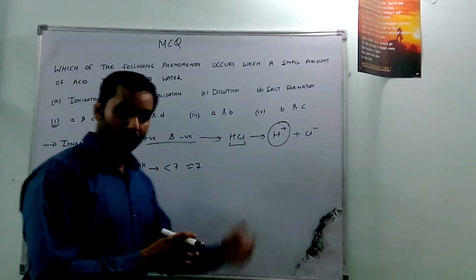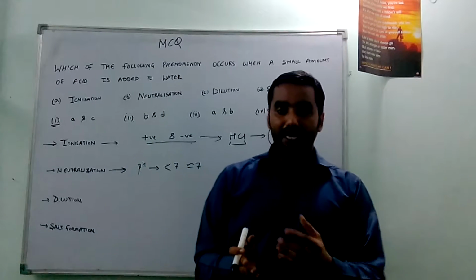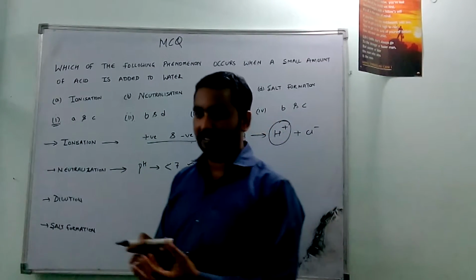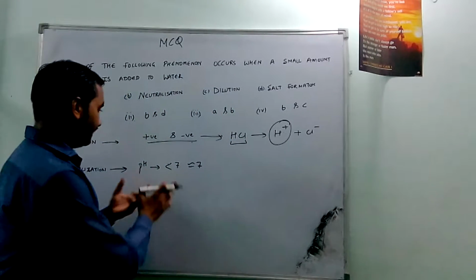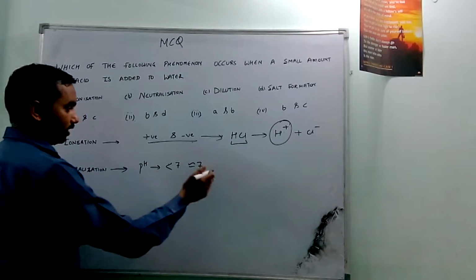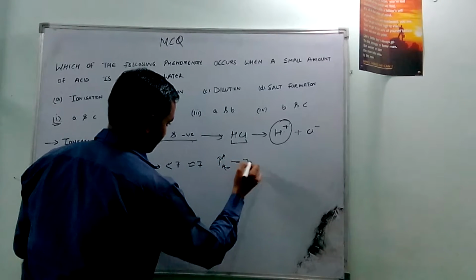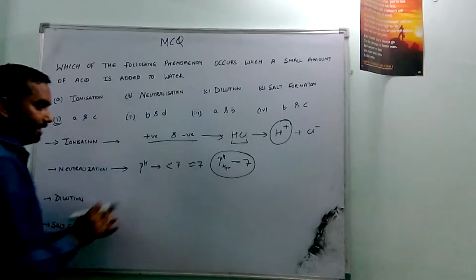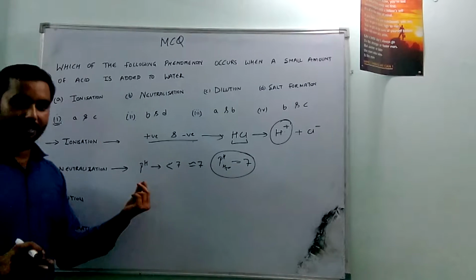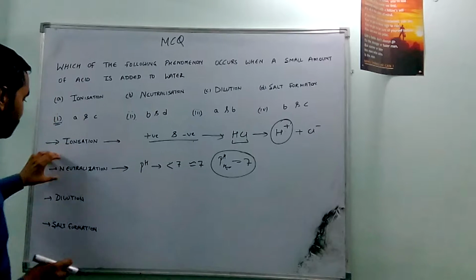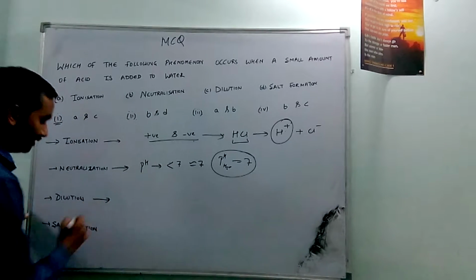We are not adding water in acid; this is where acid is added in water. So a small amount of acid is added in a large amount of water, and because water has a pH value of 7, it won't change that much, and the acid part also becomes nearly equal to 7. This is called neutralization.